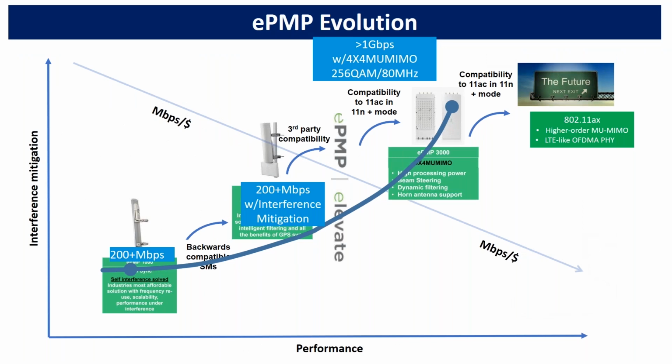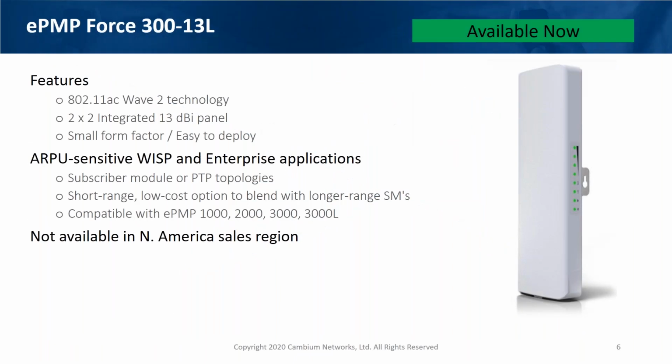Let me go into some of the new products. We've introduced recently, or are introducing, a Force 300 13L. This should be available from your channel partners around the end of this month. They started shipping back in December, and we believe that your channel partners should have them in their hands in the next sort of 2 to 3 weeks.